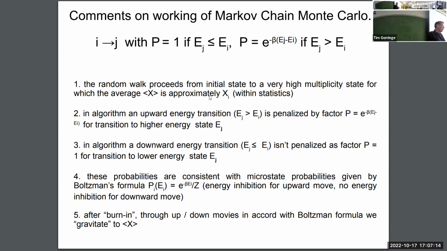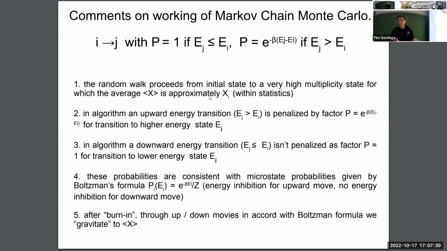So that's where the Boltzmann distribution enters. The fact that we accept downward steps unless we bump into the ground state is also consistent with the Boltzmann factor, right? There's no energy inhibition or net energy cost associated with going down in energy.